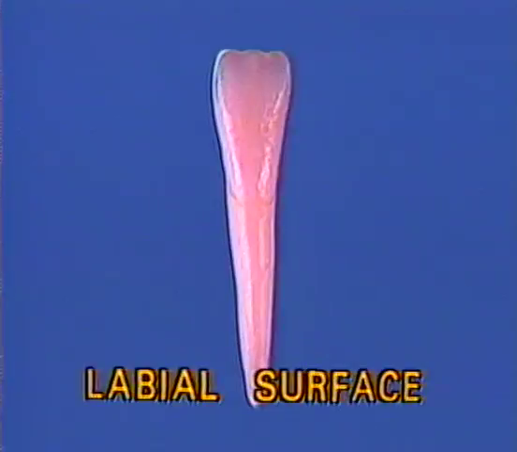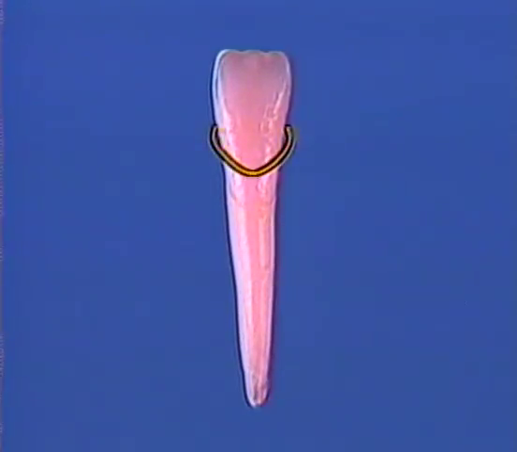The labial surface is slightly convex, both mesiodistally and incisogingivally, with a definite convexity in the gingival 1/3. 2 developmental depressions, mesiolabial and distolabial, if present at all, are faint and extend gingivally from the incisal border only about 1/3 of the length of the surface.